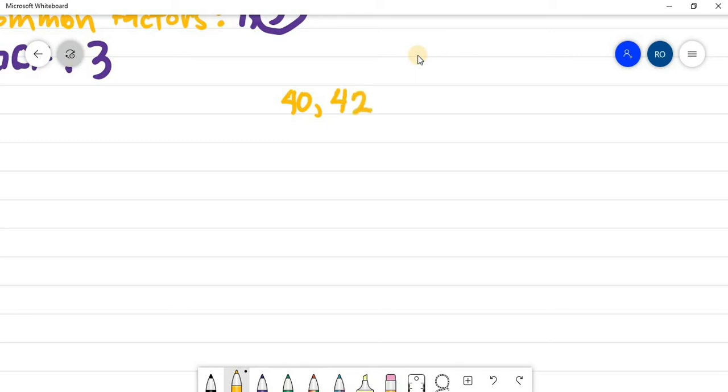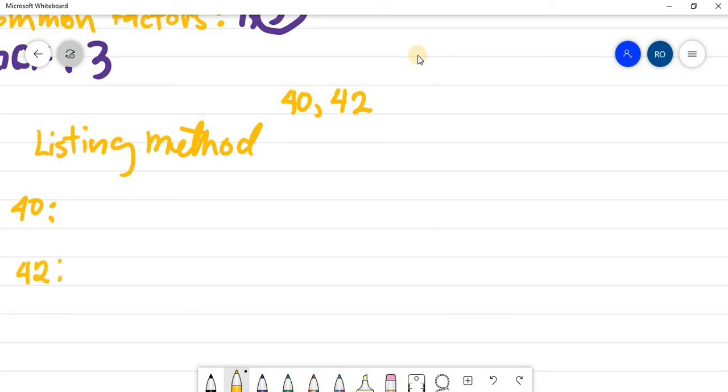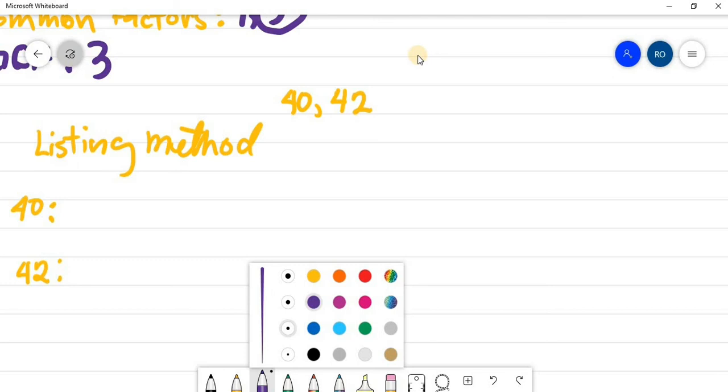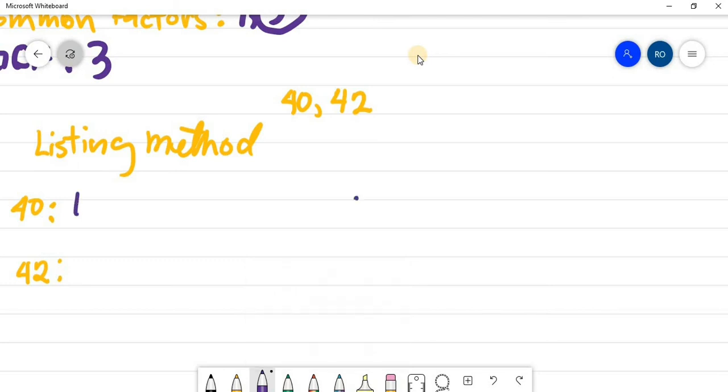Okay, let's use first the listing method to find the GCF of 40 and 42. Again, with the listing method, all we have to do is write down the factors of each number. So let's have 1 and 40.